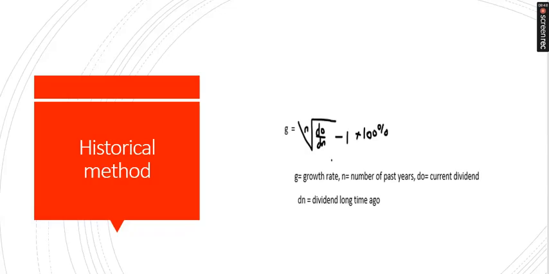Minus 1 is outside the bracket, times 100%. G is our growth rate. N is the number of past years. D0 is the current dividend. Dn is the dividend long time ago. I think this formula is given in the exam.